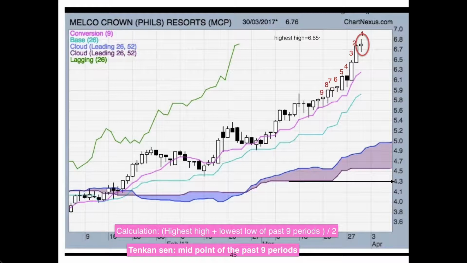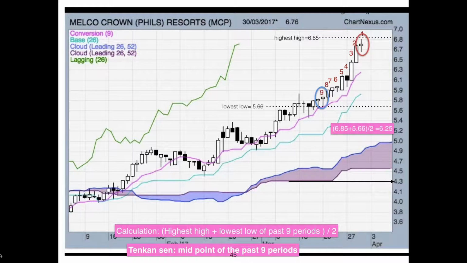So this is the highest high for the past 9 periods, which is 685. This is the lowest low of the past 9 periods, which is 566. Now this refers to the MCP chart weeks back. So the highest high right now, I think, is 844. So you compute for the Tenkan-sen based on the most recent prices.